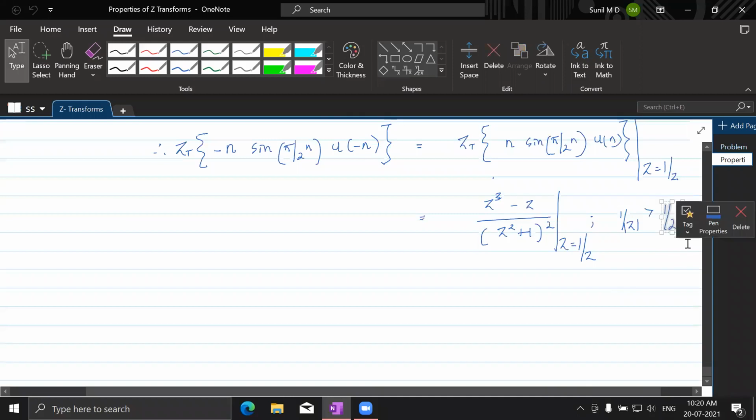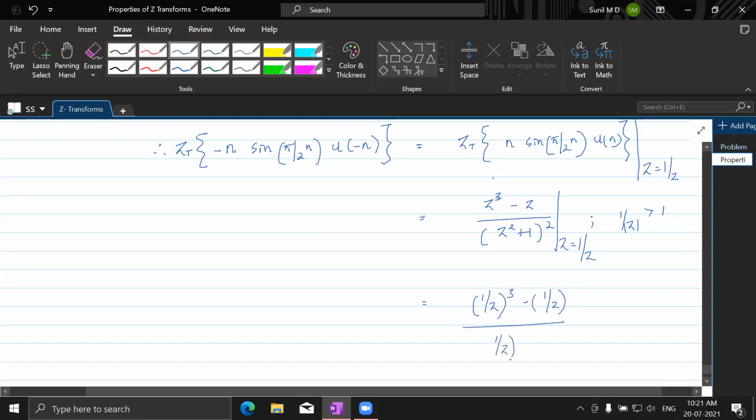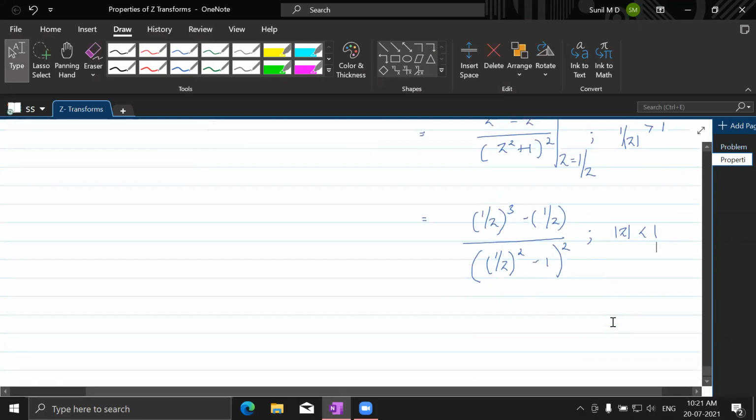So it would be 1 by Z greater than 1 because Z is replaced by 1 by Z. So it would become 1 by Z cube minus 1 by Z divided by 1 by Z square plus 1 whole square, with Z less than 1 as the ROC because it's time reversal. It would become 1 by Z greater than 1, or 1 greater than Z. So that is Z less than 1.